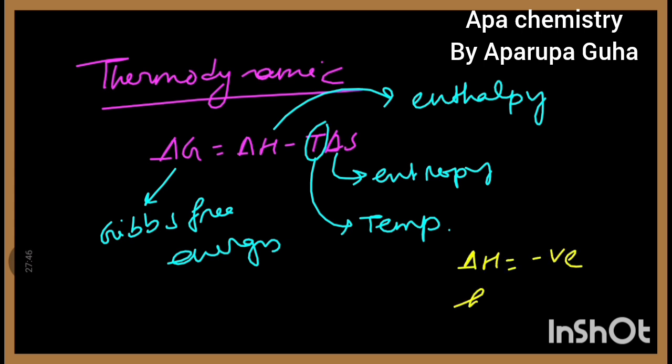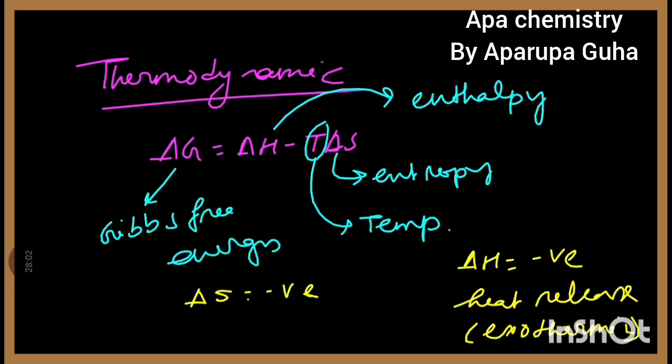Negative means heat will be released, that means exothermic. And del S is also negative, that means randomness decreases.